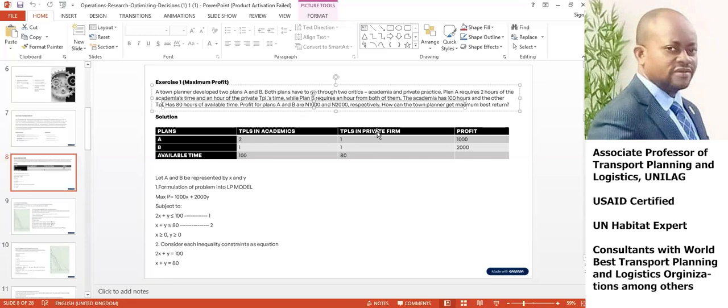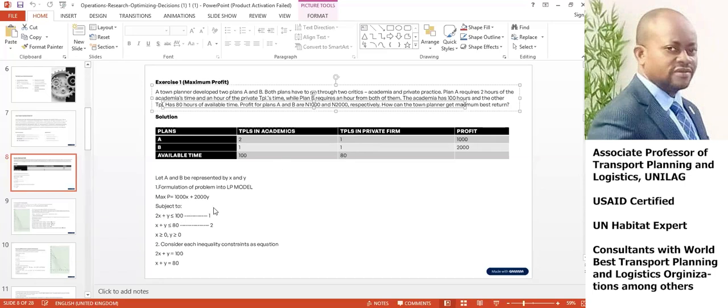This is the entire x, and this is the entire y. Class, could you confirm you are following these points? If it's one, you just make it y. But if you have 2 or 3, you will put 2y, or 2x. But if it is 1, you just put only the alphabet.